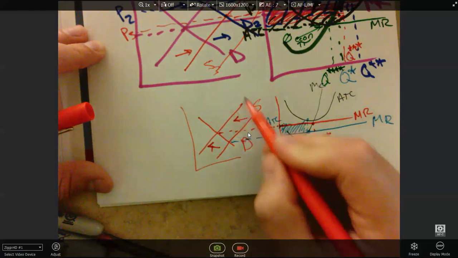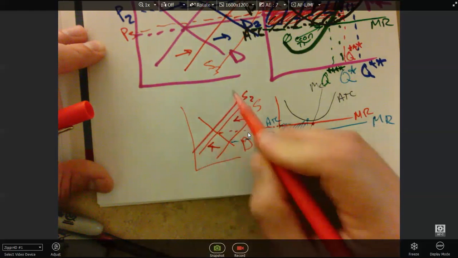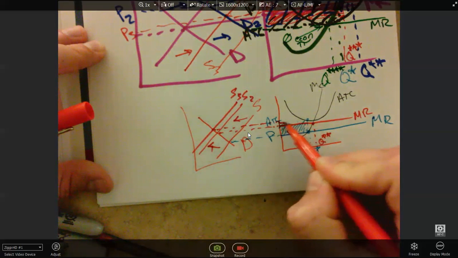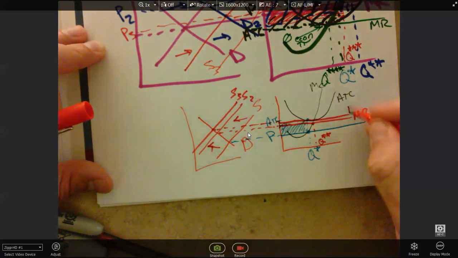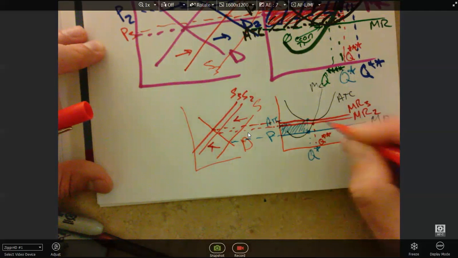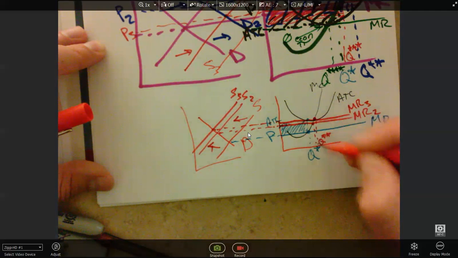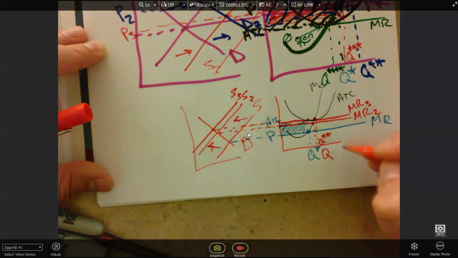Then there'll be a second shift, and even more firms will exit until we get to that equilibrium point, where marginal revenue is exactly equal to marginal cost and to the average total cost. Questions on that?